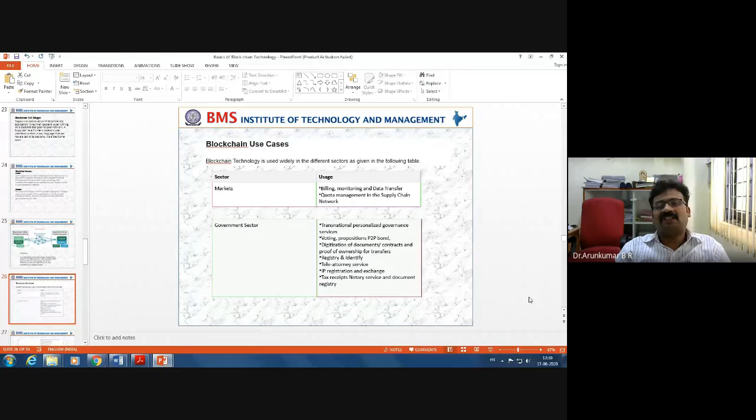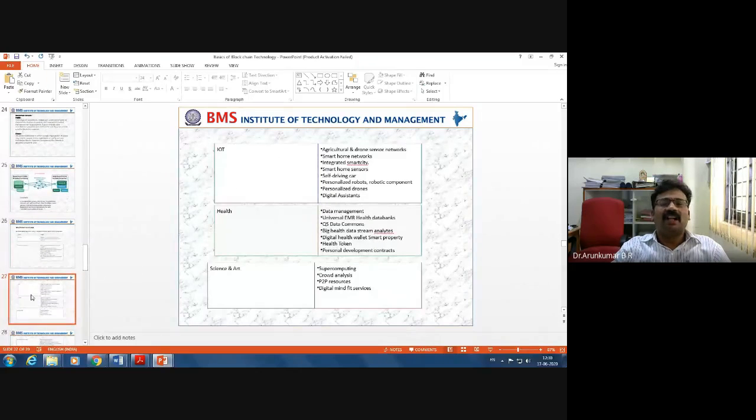In government sectors: voting, proposition, P2P bond, registration of documents, IP registration and exchange, intellectual property registration and exchange, tax receipt, notary service, and document registry. So in the government sectors, blockchain finds application.